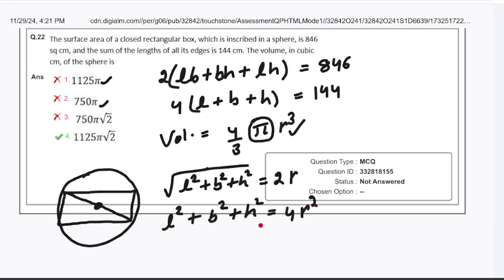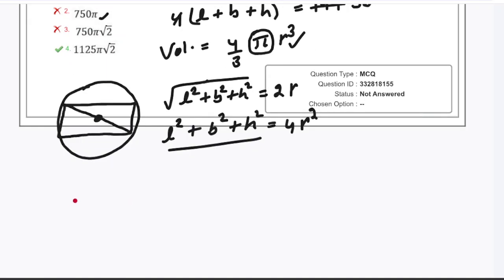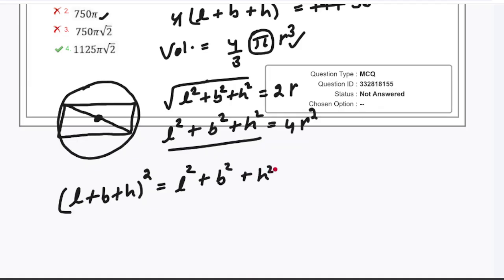Now we have to find out the value of L square plus B square plus H square, and I believe it's quite clear to one who is preparing for CAT. It is straight away in front of us. We can easily check it out because, let's cancel this out. 4 into 3 is 12, and this is 36. Do not cut this, because we know the formula we're going to use. The formula we have is A plus B plus C whole square, that is A square plus B square plus C square plus twice of AB plus BC plus AC.